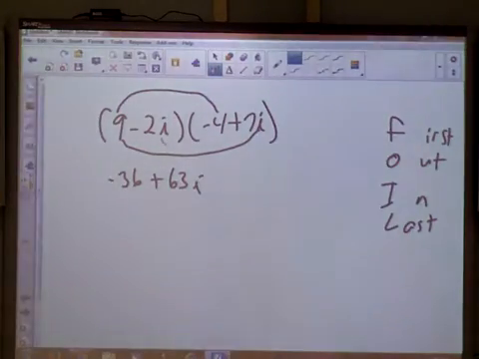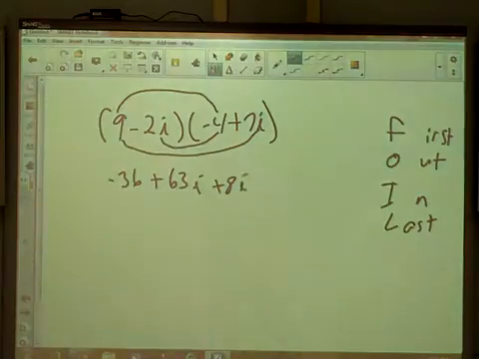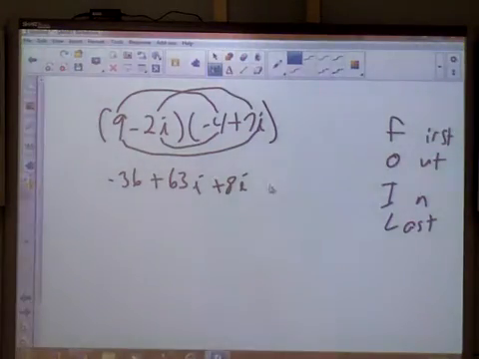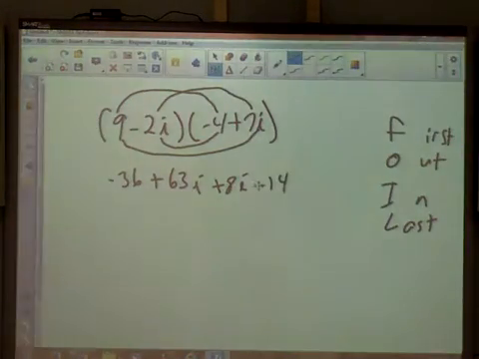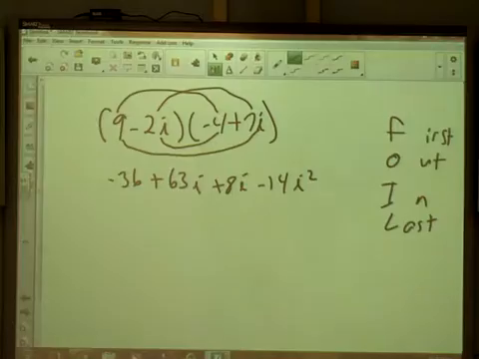Inner, that's the middles there, negative 2i times negative 4, it's a positive 8i. Last, the last one in each parentheses, negative 2i times 7i is negative 14i squared. i times i is i squared.